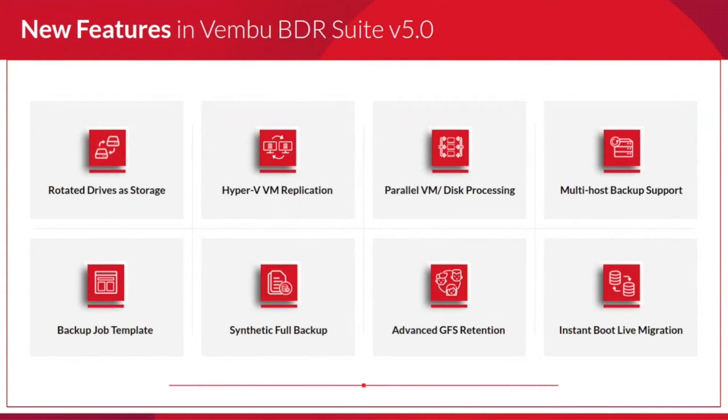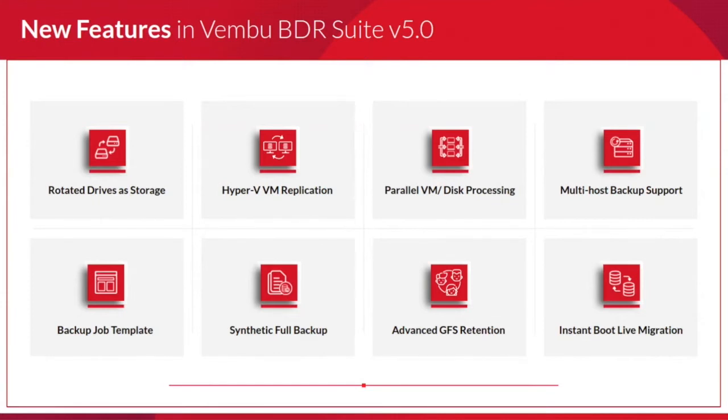Okay. Next, we are bringing a lot of new features in 5.0. Let's see the new features that are coming in version 5.0. The first one is rotated drives as a storage. So you can now use external drives, like the rotated drives, to store your backup data. Using these rotated drives, you can periodically send the backup data to the external hard drives, and you can swap them on a regular basis.